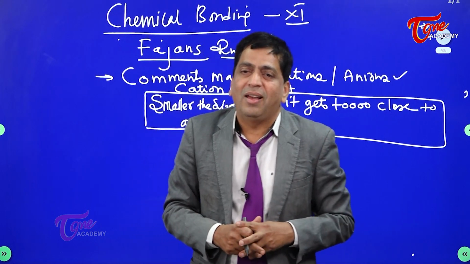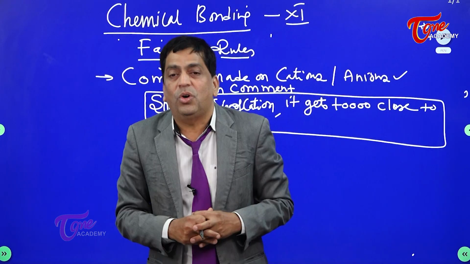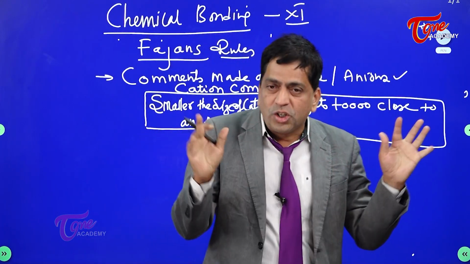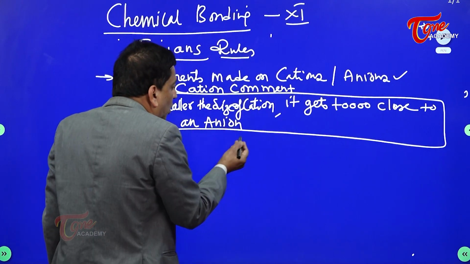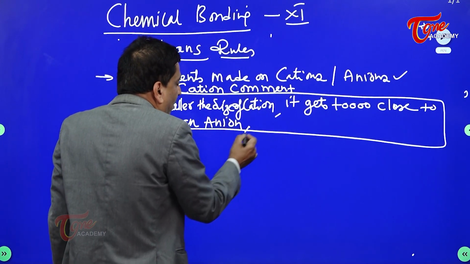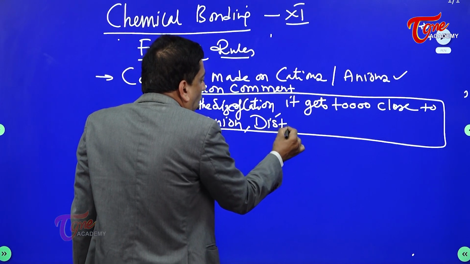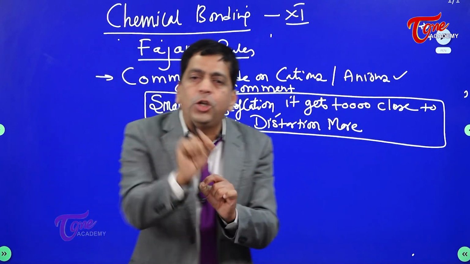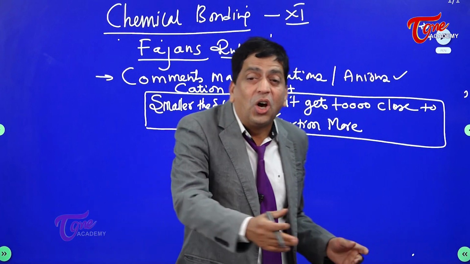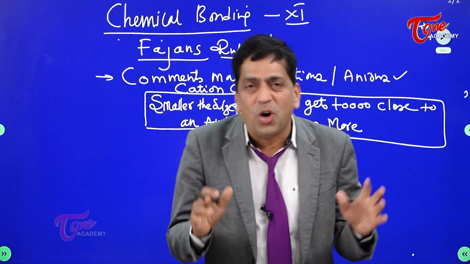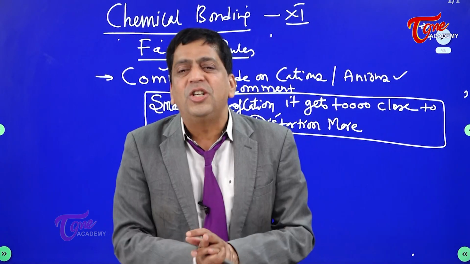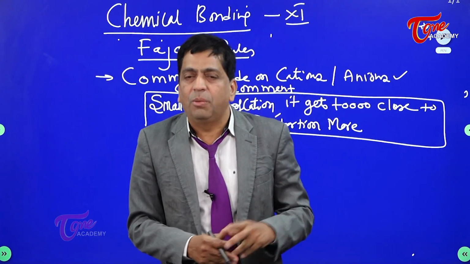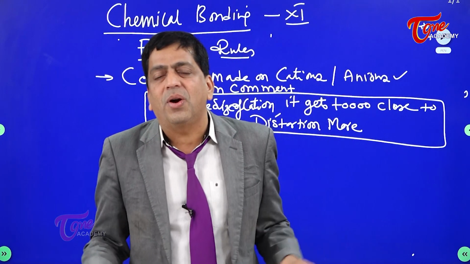When you get close to the anion, you will have a consequence, and the consequence is more distortion. Distortion is more, it is inviting the cation, because someone has invited, that's why you're too close. If you're not invited, you'll be thrown away. So there is a conducive environment in this entire story.